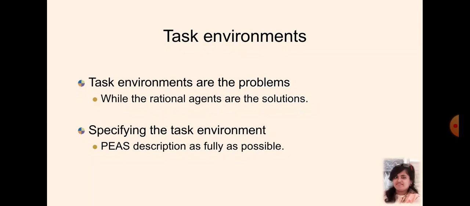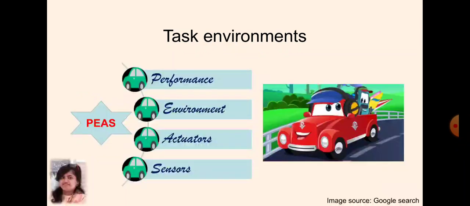Now, if we need to specify the task environment, we need to maintain a PEAS description as fully as possible. So, PEAS: P stands for performance, E for environment, A for actuators, and S for sensors. This is PEAS.